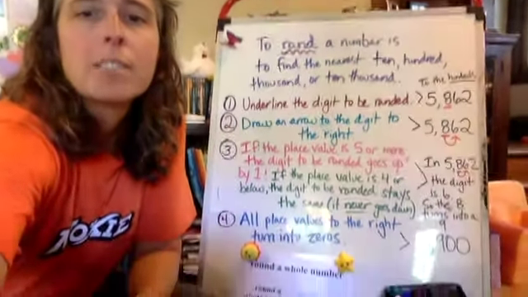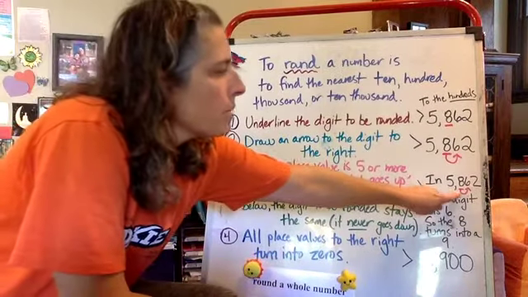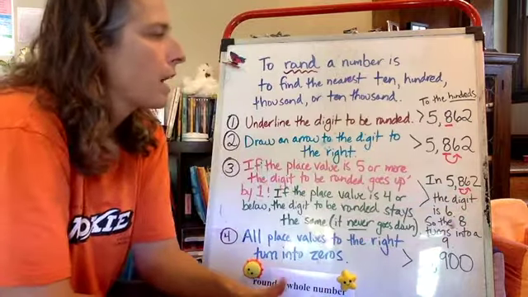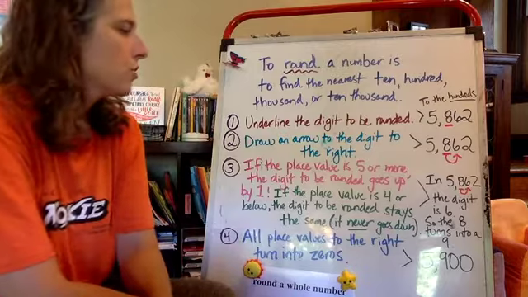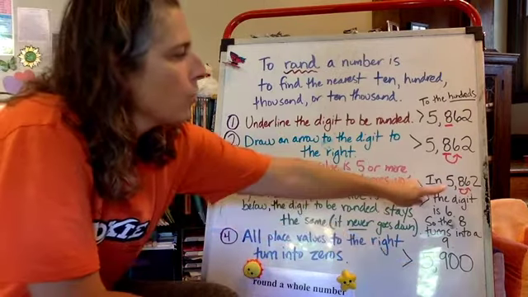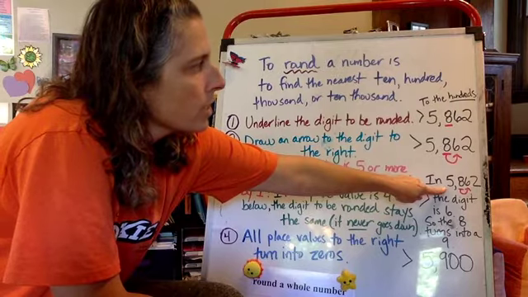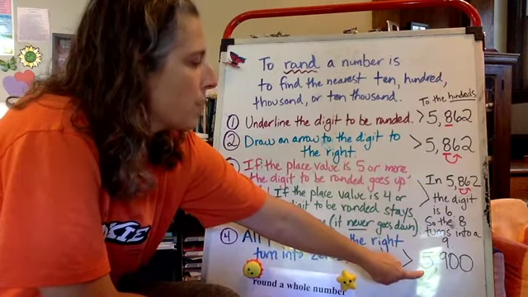So we're not going to do anything with it. Because the digit next to the 8 is a 6, that's 5 or more, so I'm going to give it a shove up 1. So when we round 5,862 to the nearest hundreds place value, it rounds up to 5,900.